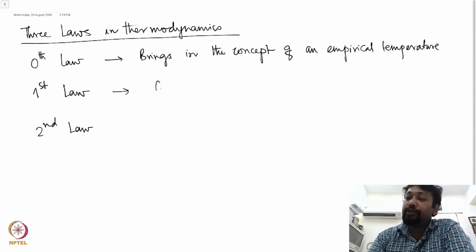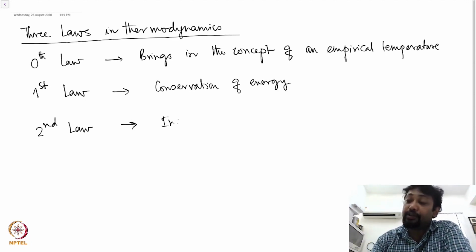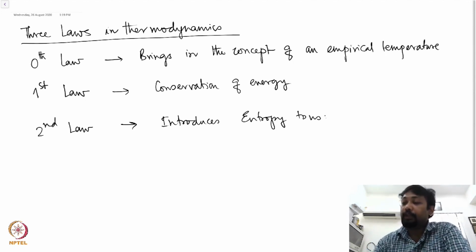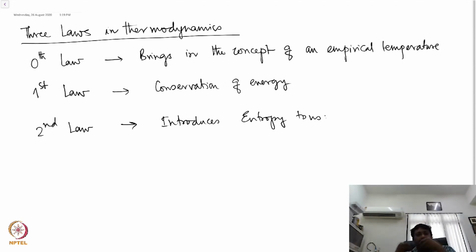The first law is just the conservation of energy. And the second law essentially introduces entropy to us. So we shall revisit all these laws. Any thermodynamic process must obey the zeroth law, first law, and second law. The zeroth law is extremely significant in the sense that what we understand as temperature is introduced by the zeroth law.